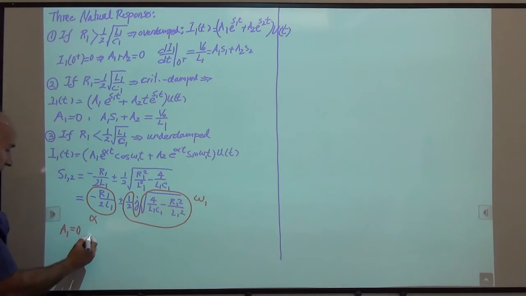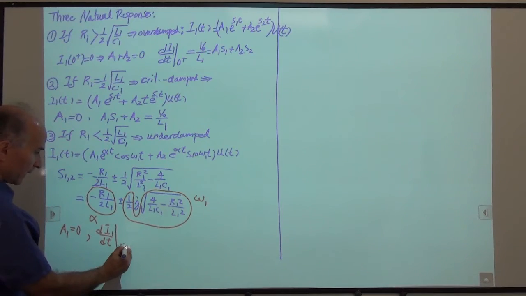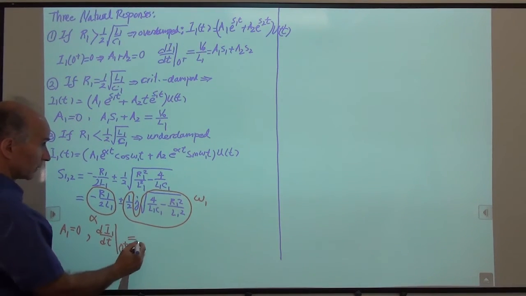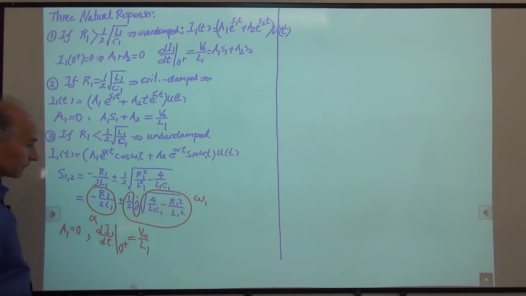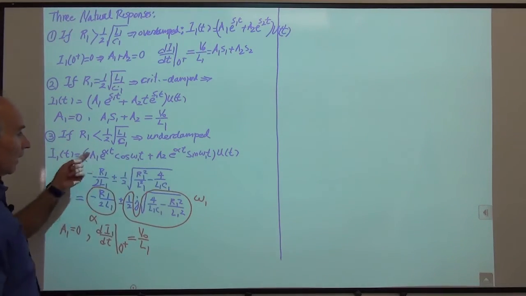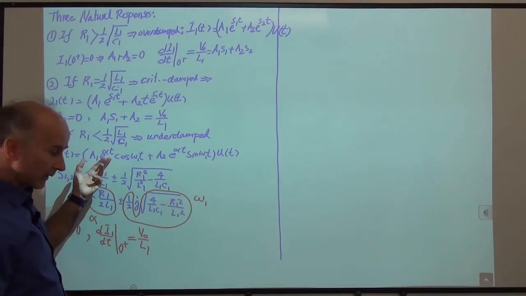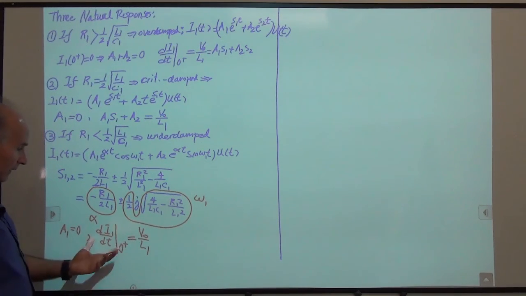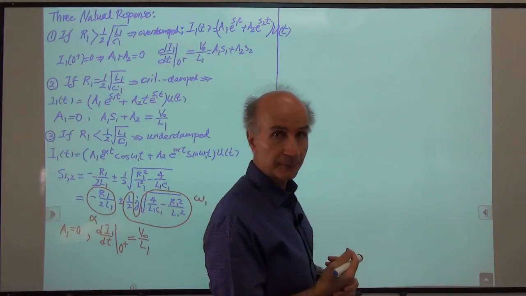So again, that's something you can do on your own. So we'll just write di1 over dt evaluated at 0 plus has to be equal to V0 over L1. So we take the derivative of this function at time 0 plus and equate to V0 over L1. That gives us A2. And now we have the complete solution.